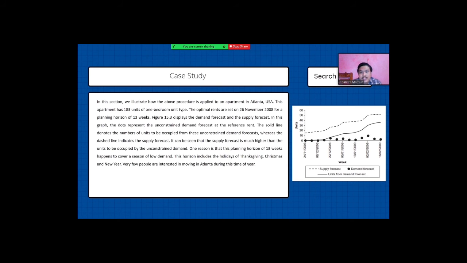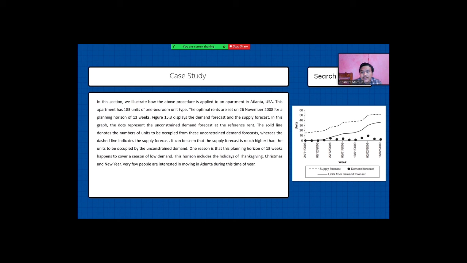The optimal rents are set on 26 November 2008 for a planning horizon of 13 weeks. Figure 15.3 displays the demand forecast and the supply forecast.